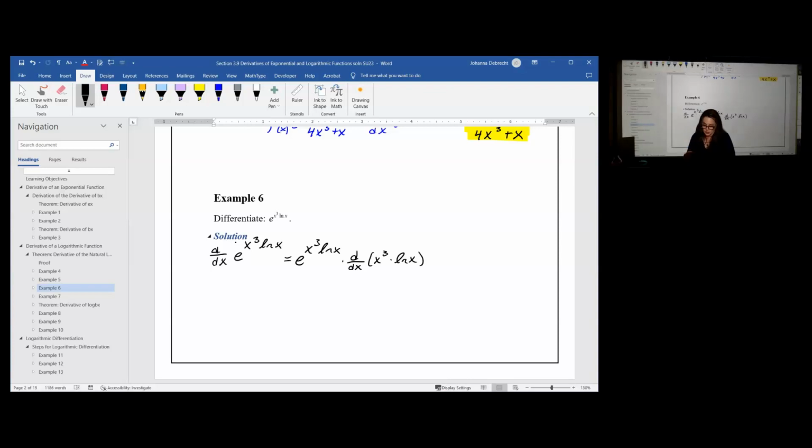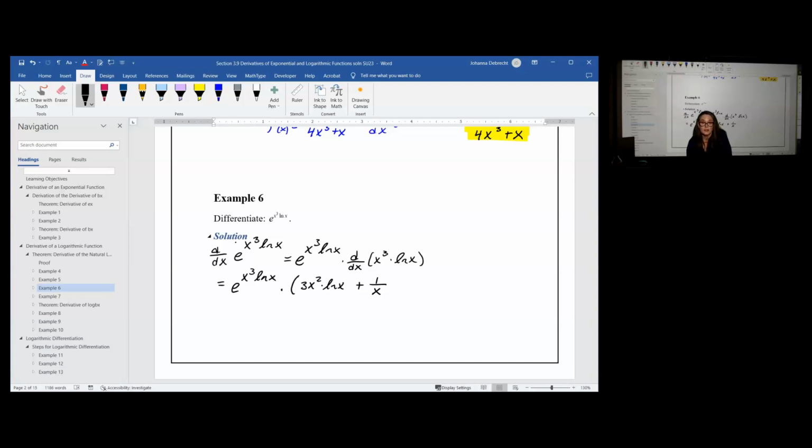Now, that invokes the product rule. So the next step, we still have the exponential present, and it will just continue to follow along, multiplied by the product rule result, which is 3x squared times the natural log of x, plus 1 over x.